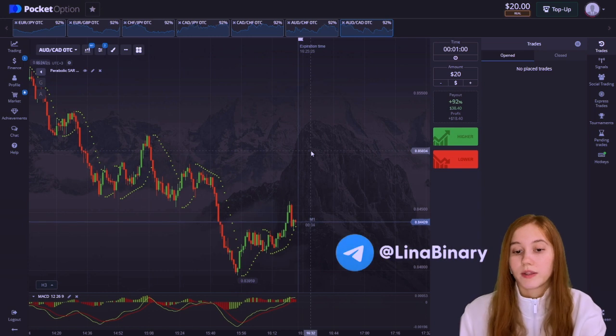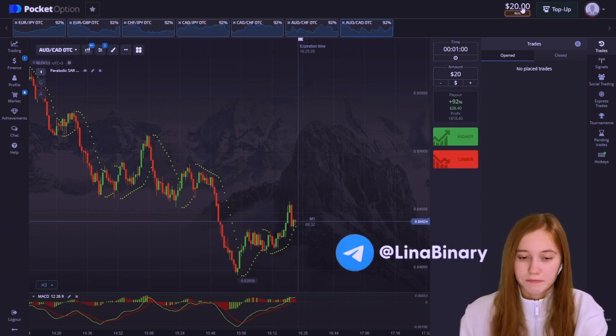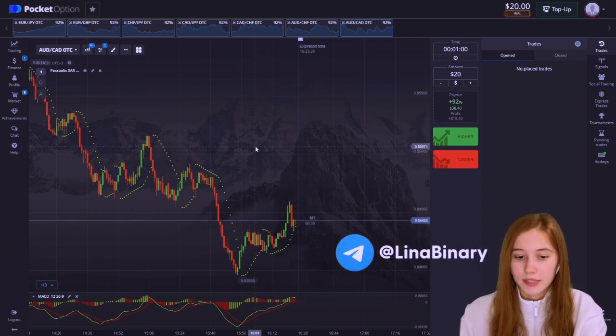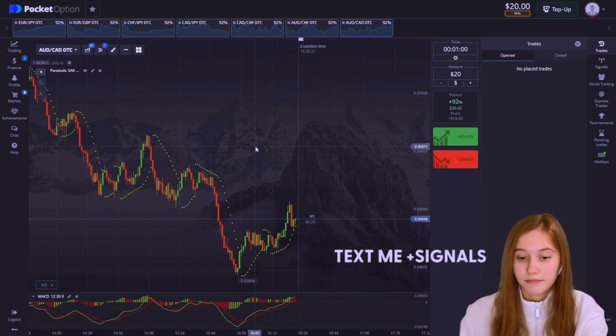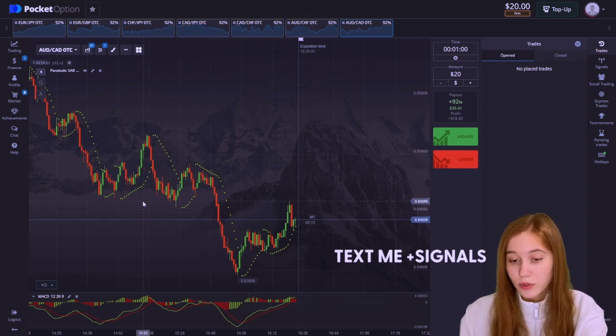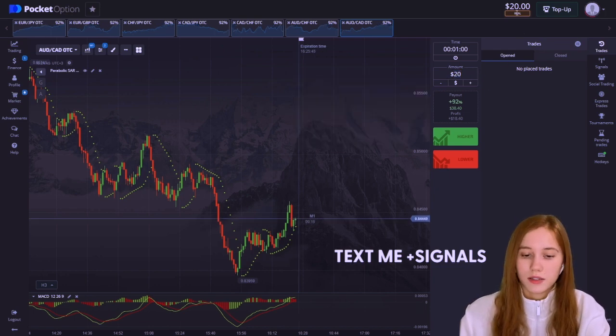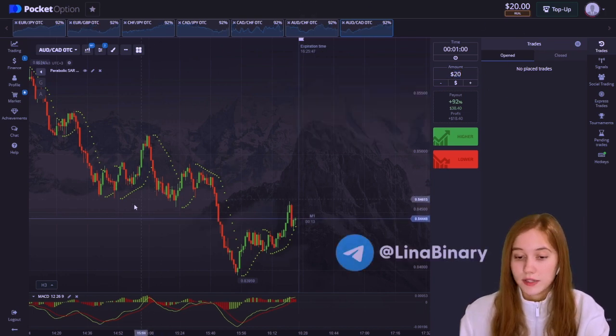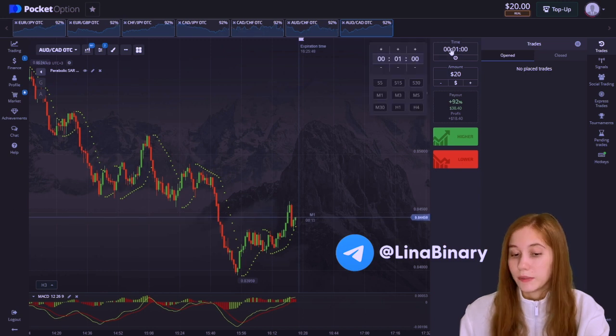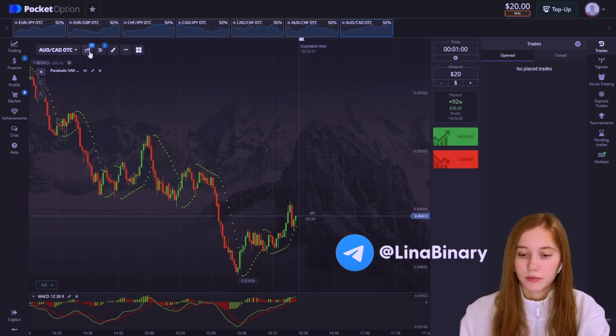I'll trade with the amount of $20. Let's see what happens. Let's get started with our trading. The first thing, we start our workspace. $20 is our daily amount. And the next, a 1 minute time frame on our chart.